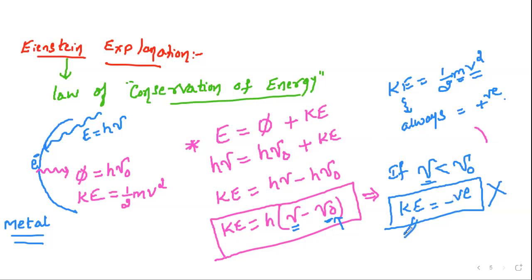Because of this reason itself, the electron will not be emitted from the metal surface. The electron will not be emitted if the frequency is less than the threshold frequency. So this is what exactly the Einstein photoelectric equation tells.